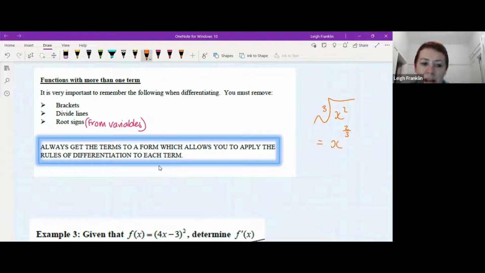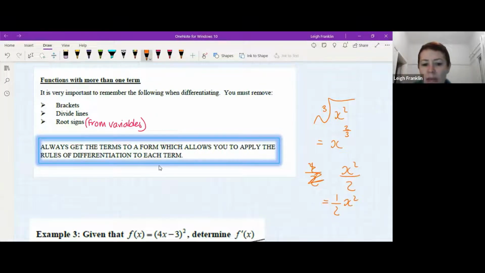When we say divide lines, it means, again, when variables are in the denominator. Let's say you've got x squared over 2. Because the x squared is in the numerator, that's fine. We would write it as 1/2 x squared, so we still have the divide line there with a number, but the x squared is in the numerator.